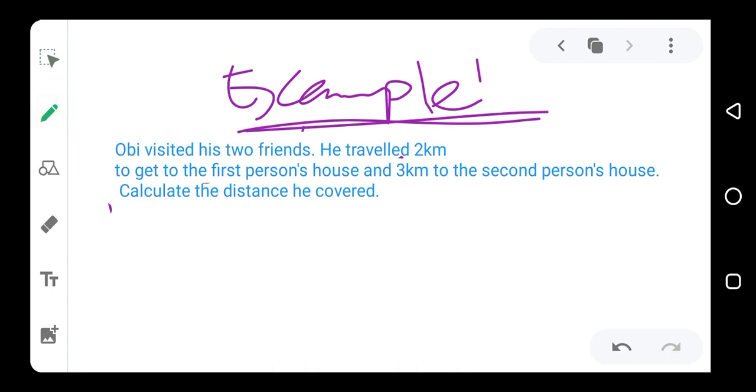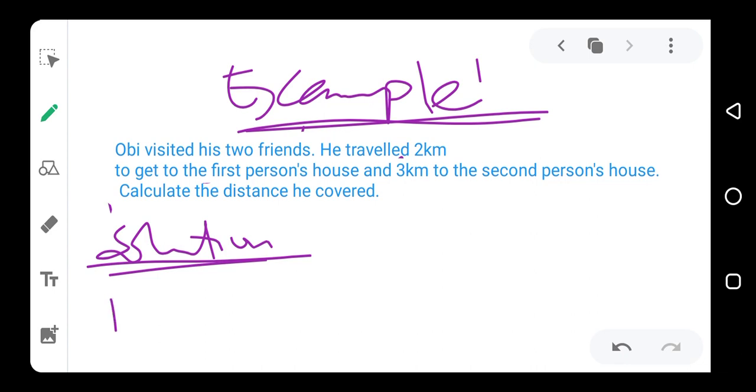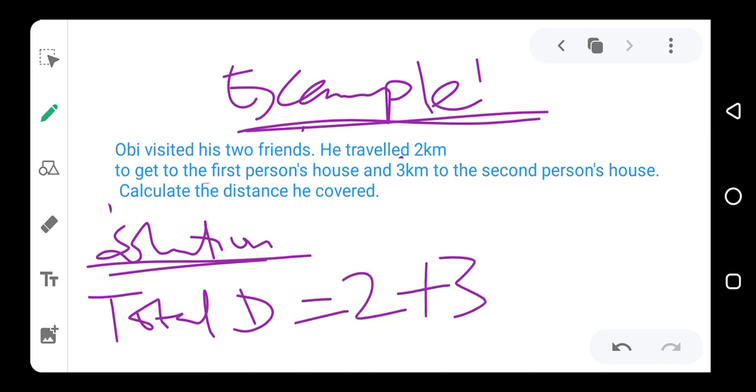Now our solution, we are going to just add these two distances covered, the 2 kilometers and 3 kilometers, that is all. So we say that the total distance covered is equal to 2 plus 3, and that gives us 5 kilometers.